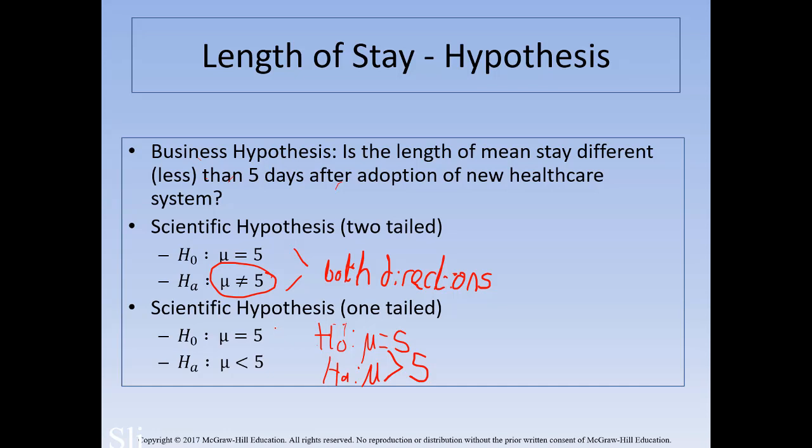There are lots of papers on which one of these is the best and lots of philosophy, but we're a practical marketing research class, not a statistical theory class. So just be aware of the differences, but in practice, 9 times out of 10, we're going to be using a two-tailed test. If we're looking one way, why don't we look in the other direction?